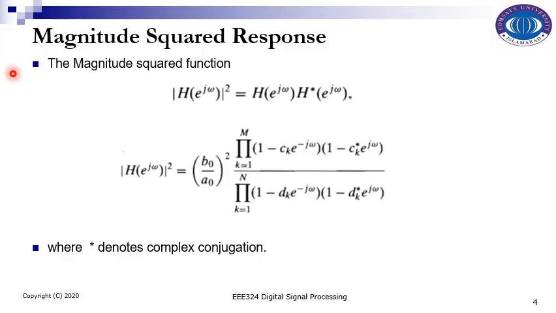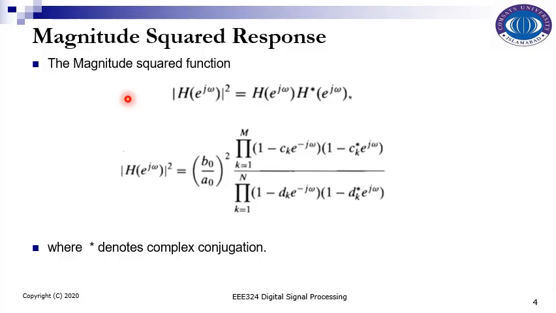To get an expression for the magnitude squared function, we know that if we multiply any complex number A with its conjugate A*, we get the square of the magnitude of the number.